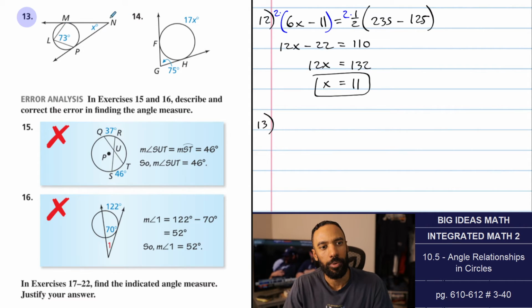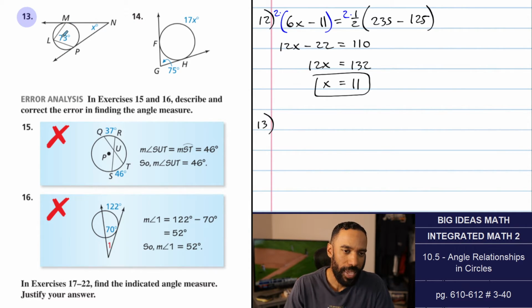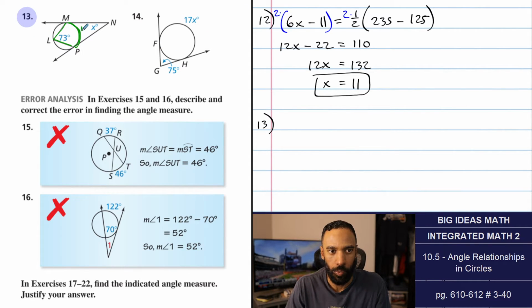So the way that I spoke about this kind in the lecture portion. Okay, so here's what we can do. We have this inscribed angle of 73. So this arc right here will be double the 73. 2 times 73 is 146. So this guy is 146 degrees, right?